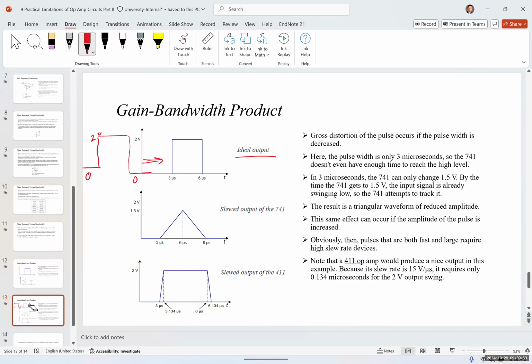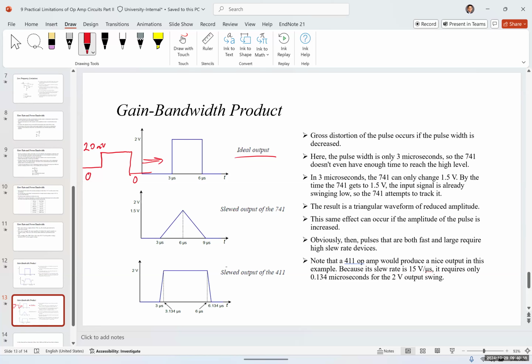But imagine if I have a signal which looks like this, and the input is 20 millivolts. With a gain of 100, it gives us the output. And we want that ideal output to look exactly like the input for a couple of reasons.